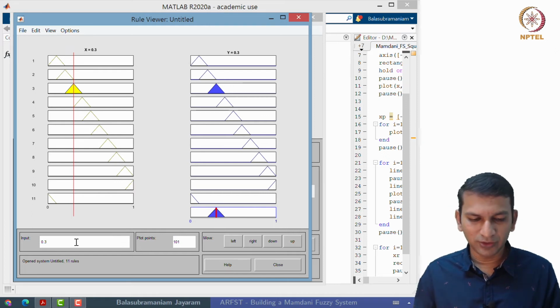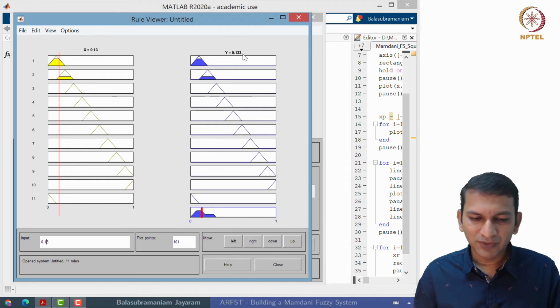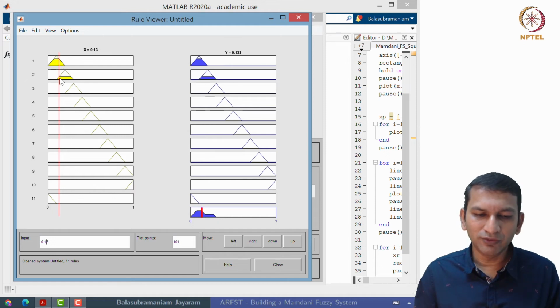Okay. So next thing that we need to understand is, okay, for 0.3 and 0.5 it happens. What about other values? Will it happen? Yes, we can try for a few of these. You see there at x is equal to 0.13, y is 0.133. So there is some discrepancy here, but it is approximating. That's because when we have this, you see here there are 2 of these getting highlighted. So the similarity value here is taken and it is being thresholded here.